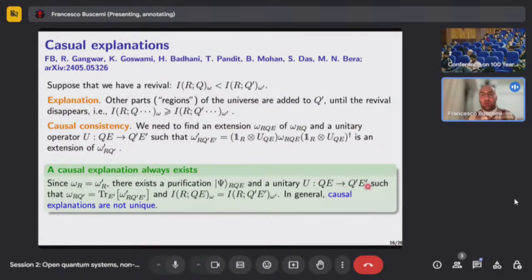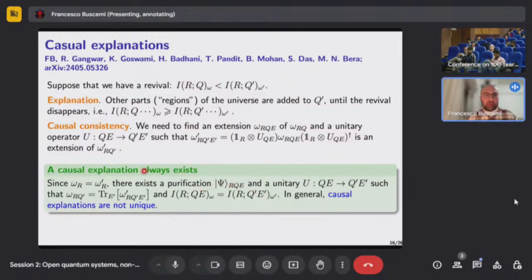And there exists also a unitary transformation that brings you to a later time that respects the causal consistency condition, and such that the mutual information does not change because it's unitary, right? So this is an explanation because you are back to the comfortable data processing inequality. In particular, here you have an equality, which is even better.